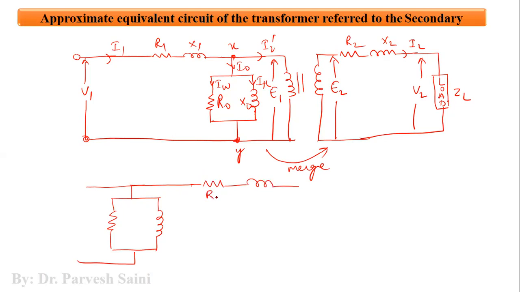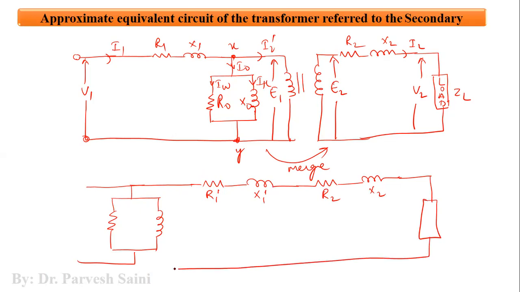This is R1 dash. This is X1 dash. And then we have this is R2. This is X2. And then we have the load impedance here, ZL, right? And this is the current I1, or I1 dash, for example.